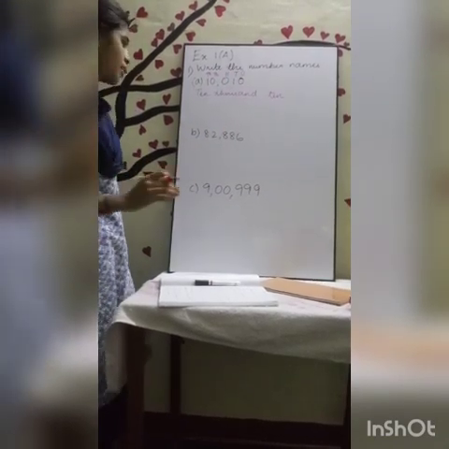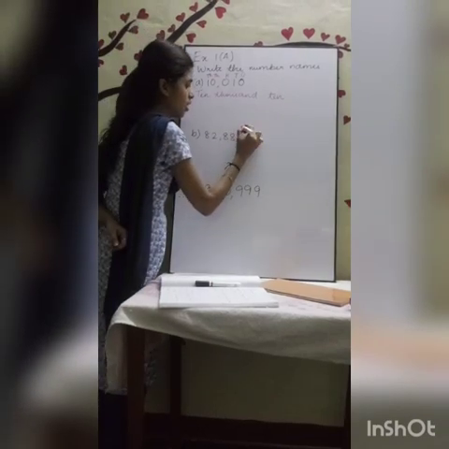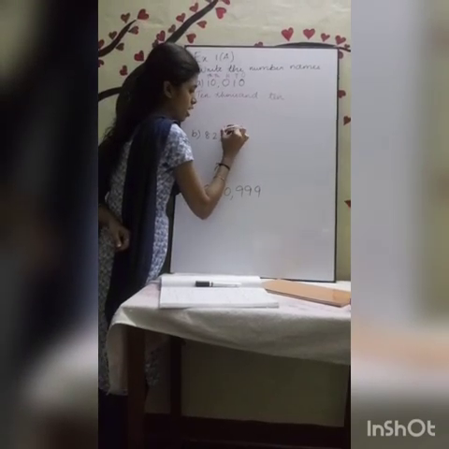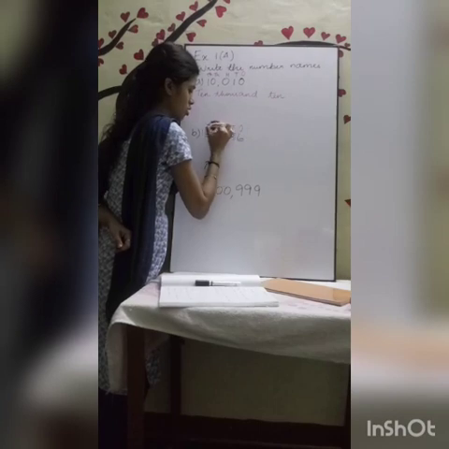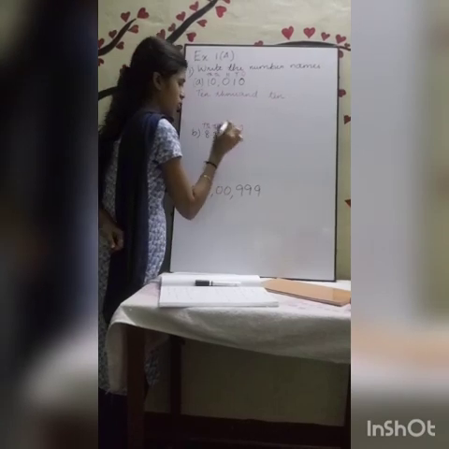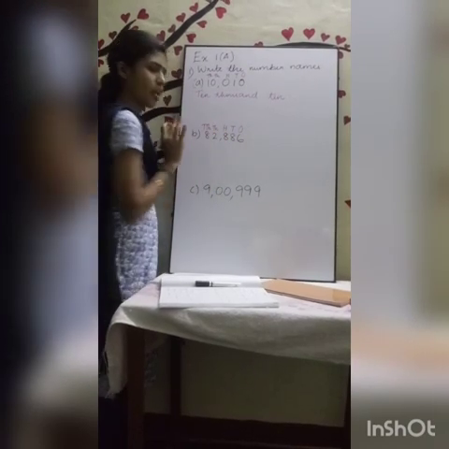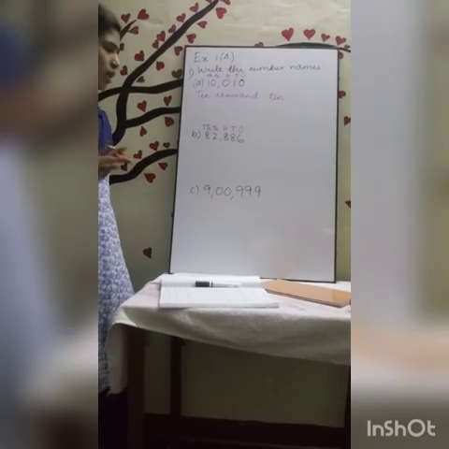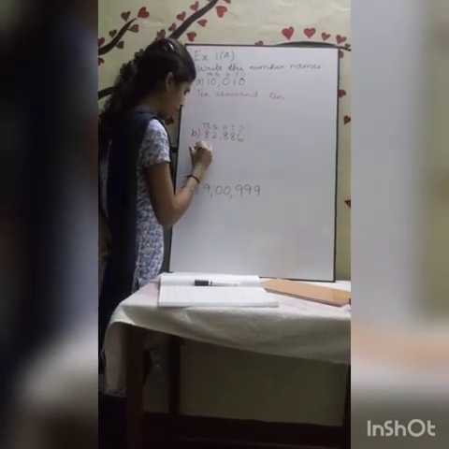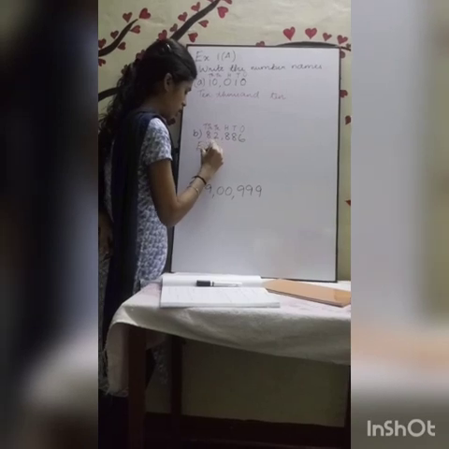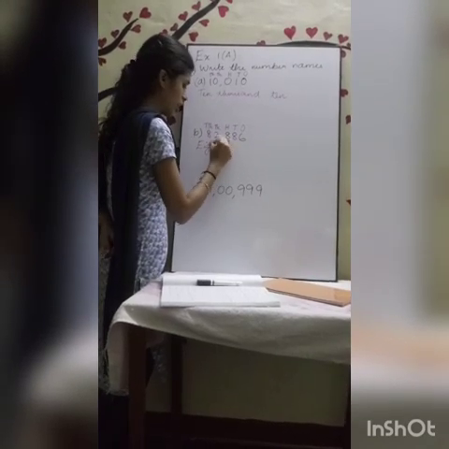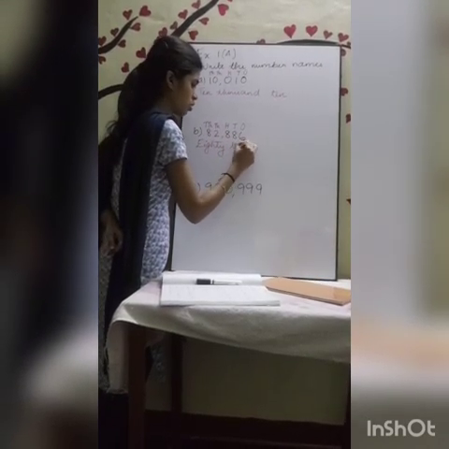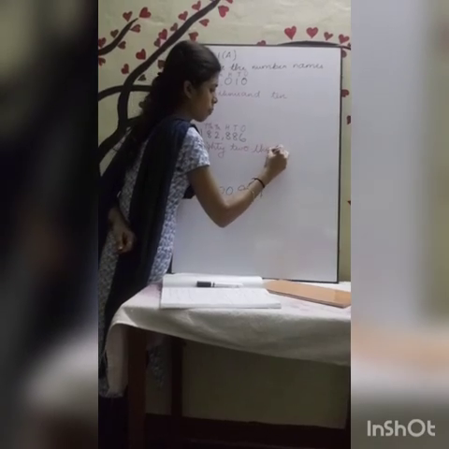Okay. Next question also you should write the place value for all those values. Ones, tens, hundreds, thousand, 10,000s. Okay. Now you are going to write the number name like 82,886.